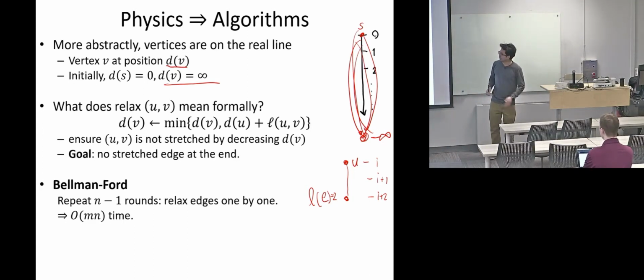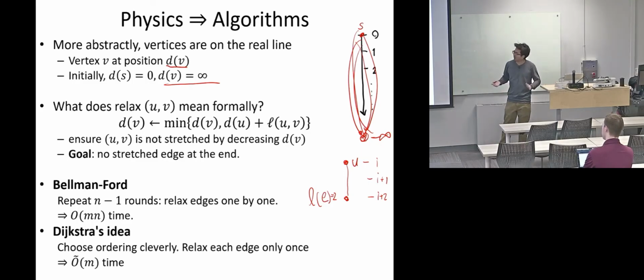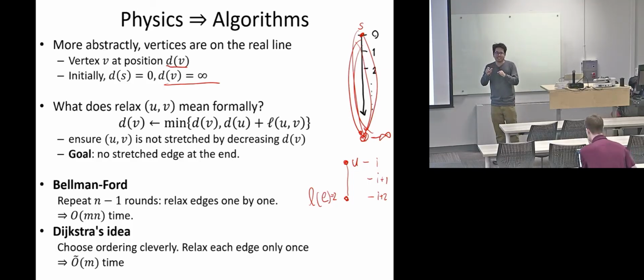Okay, but this is kind of wasteful because you relax every edge n times. And basically the idea of Dijkstra is that there's a clever order in which you choose to relax edges so that every edge is relaxed only once.